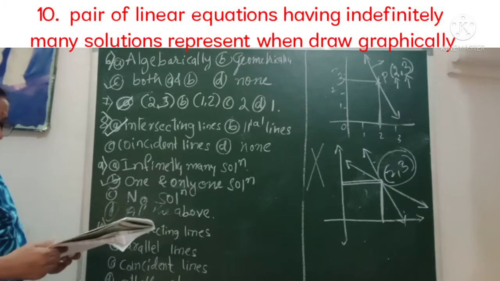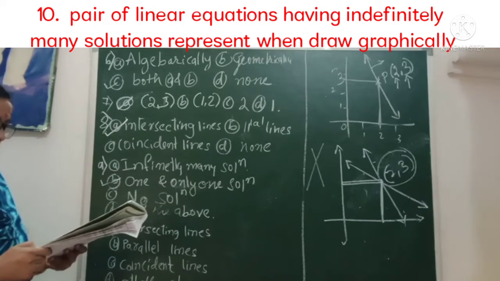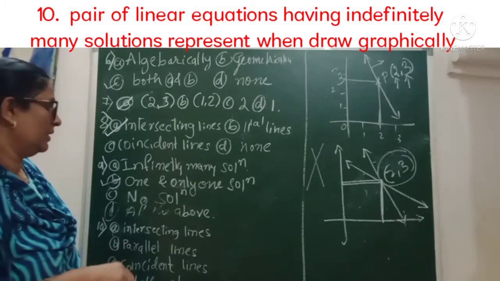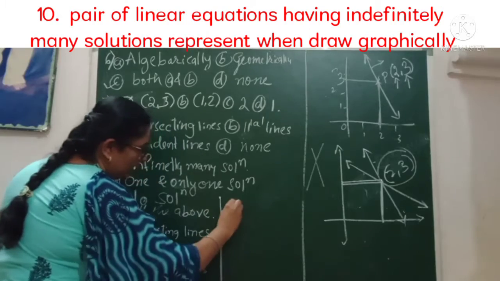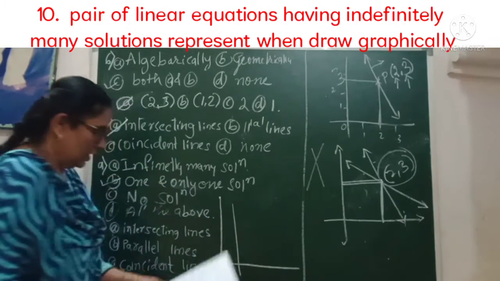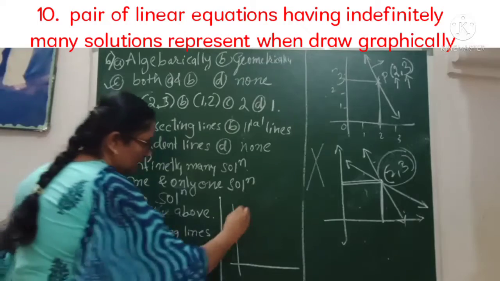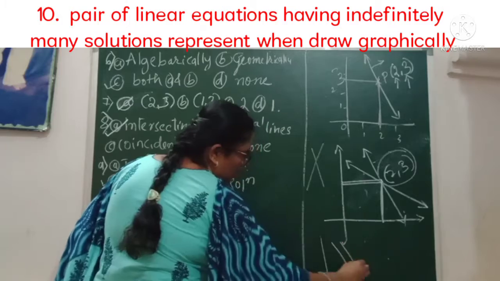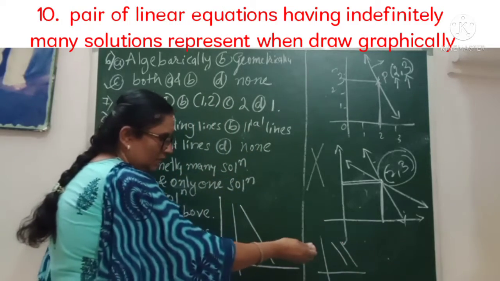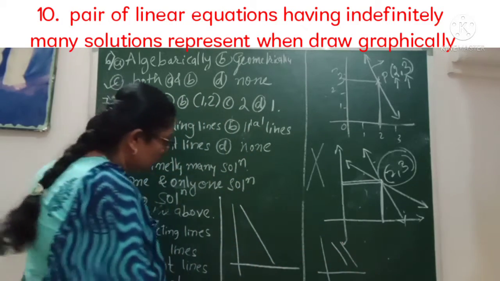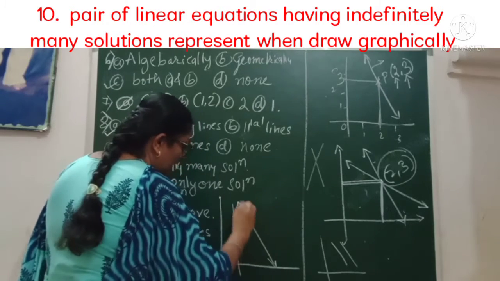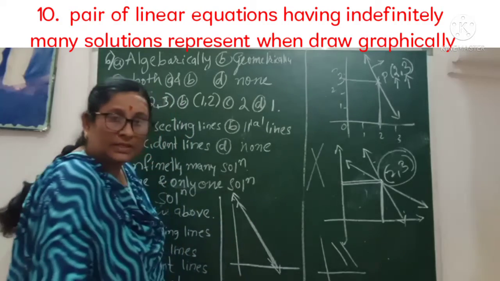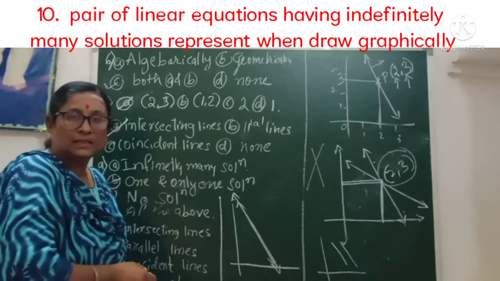What is it here? A pair of linear equations having infinitely many solutions represent, when drawn graphically, what? See here, a single solution means lines like this. If we have lines like this, there is no solution, because they are not intersecting and we don't get any common point. Suppose this is a line. I can have one more line overlapping on this one, and these are called coincident lines.